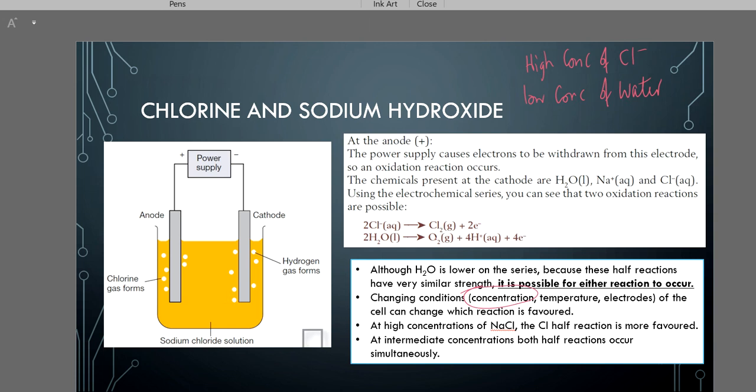We will still get oxygen produced, but in this case, the setup of this cell is more economical and more favoured in industry, predominantly based on cost. So higher concentrations of chlorine allow that chlorine reaction to be more favoured. So we'll get chlorine gas forming. That's another cell that produces your chlorine, just not at really high costs as you would if you had a molten cell.